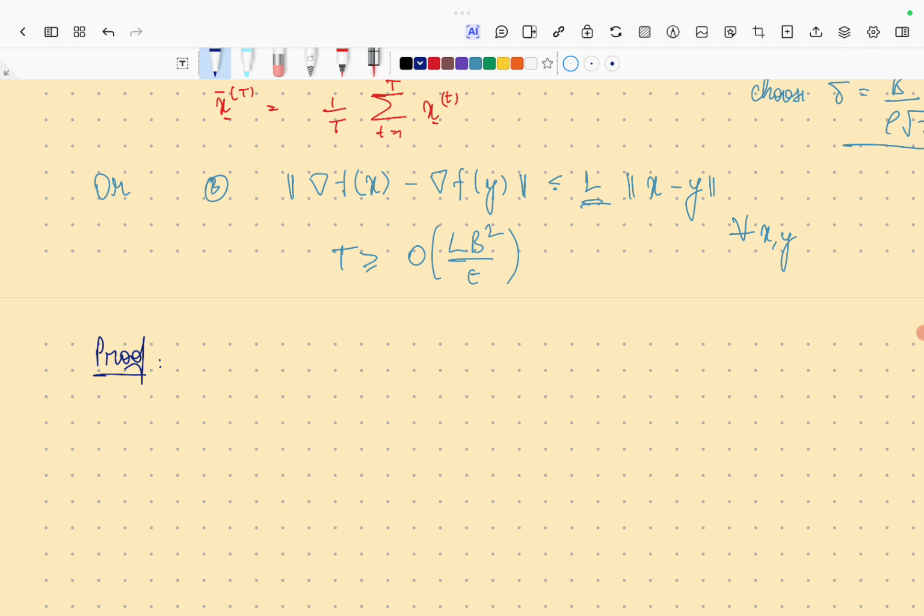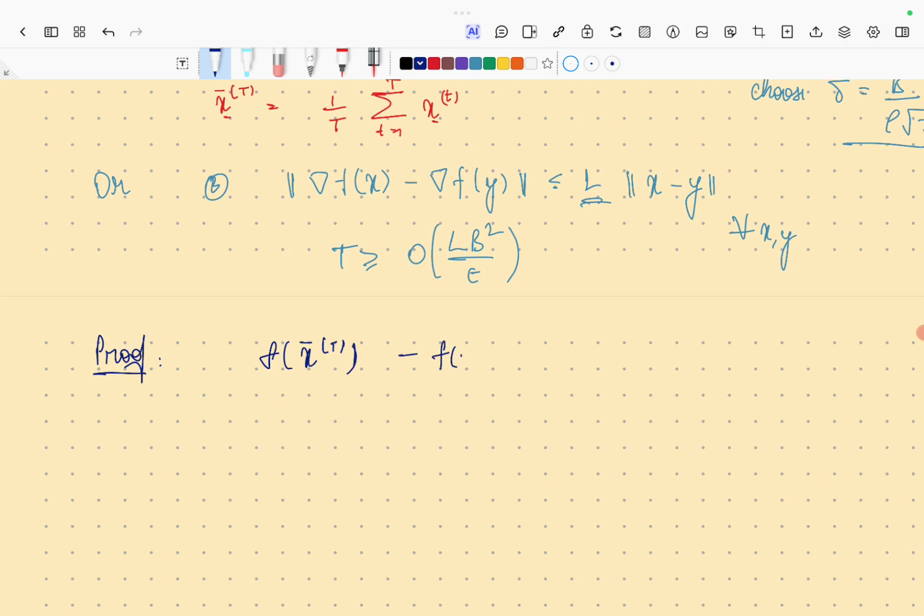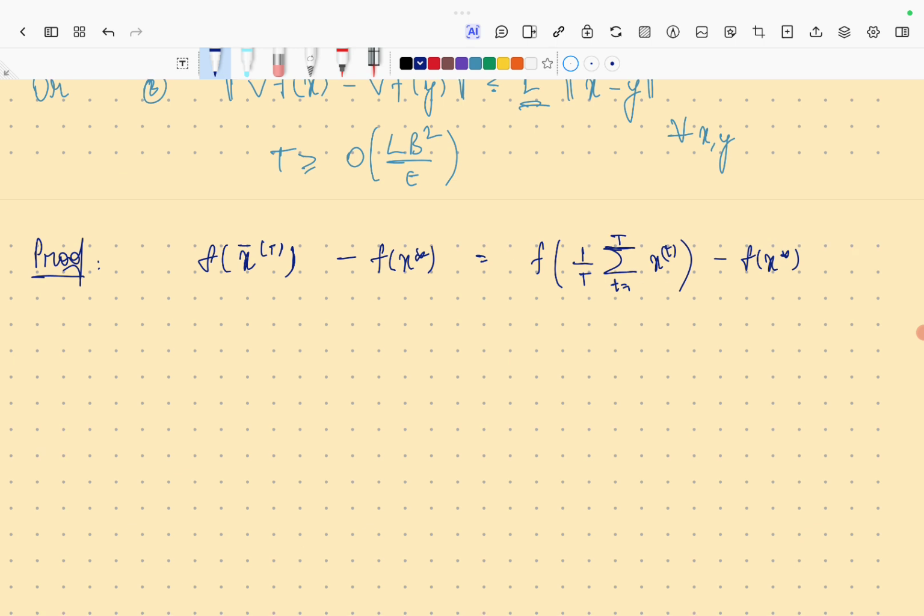Alright, so let's first look at f of x bar t. We want to show that this quantity is less than or equal to epsilon. This is nothing but f of 1 by t summation of xt.